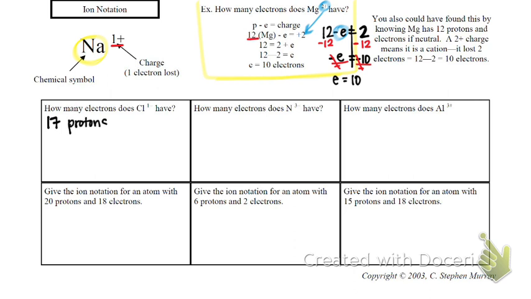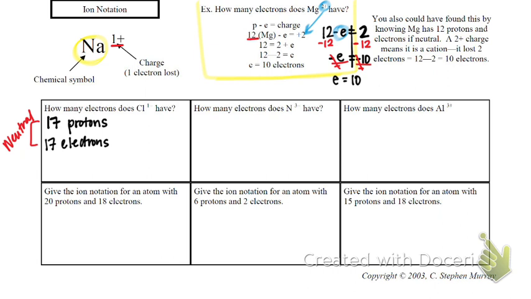So if it's neutral, how many electrons would it have? 17. So if it was negative, remember the protons always stay the same.